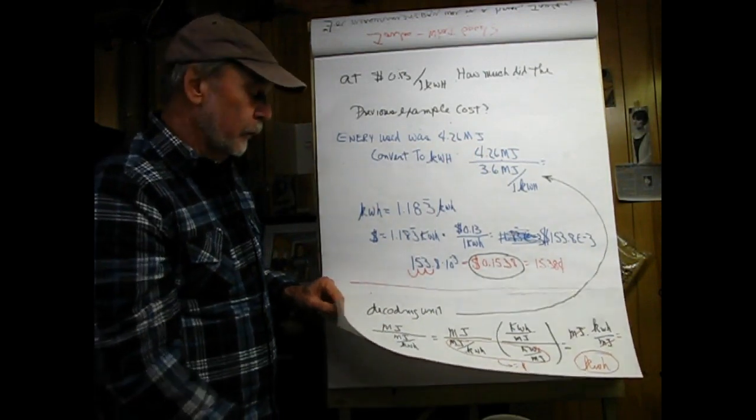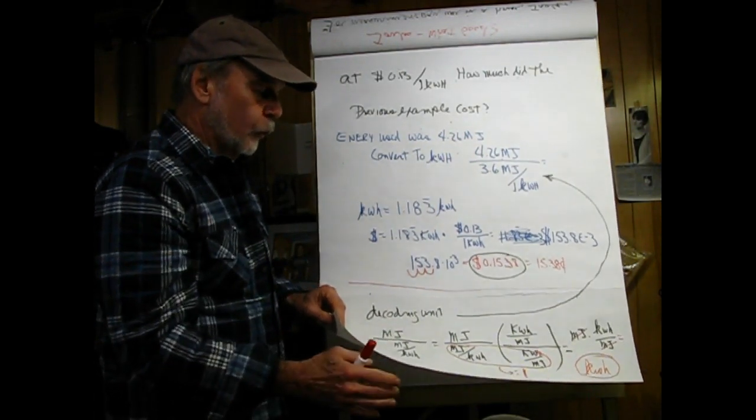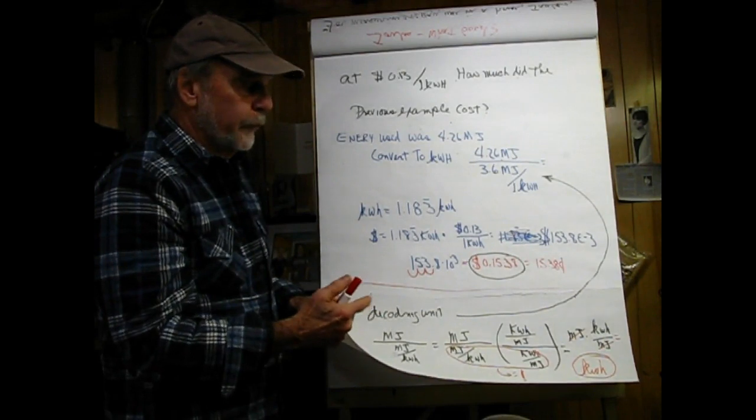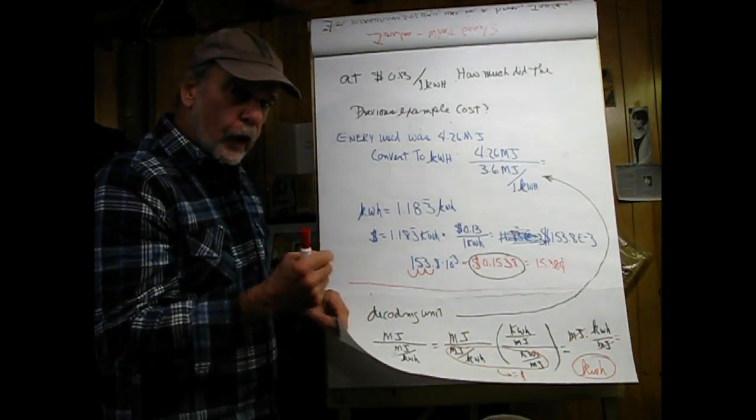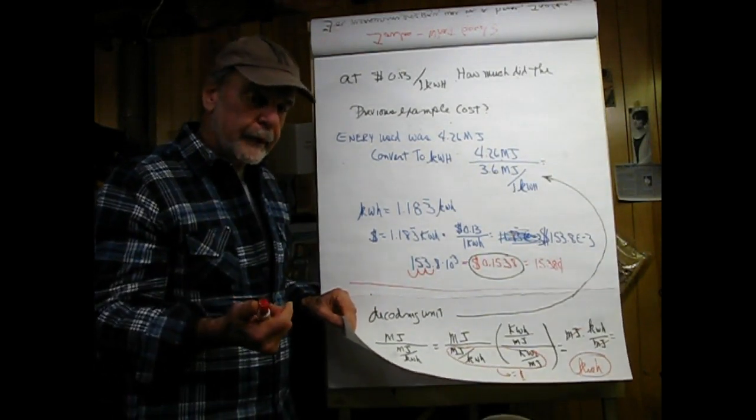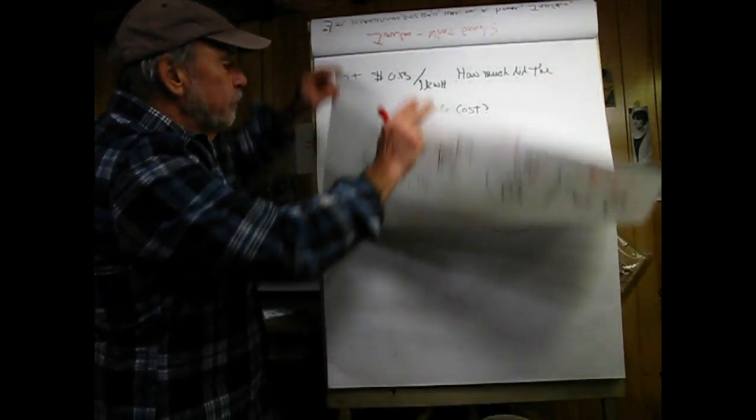It really looks confusing, but if we follow the rules and work with the units, remembering that we always have to end up with the right unit, things aren't so bad.